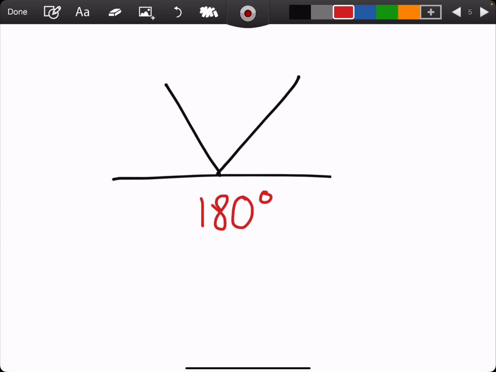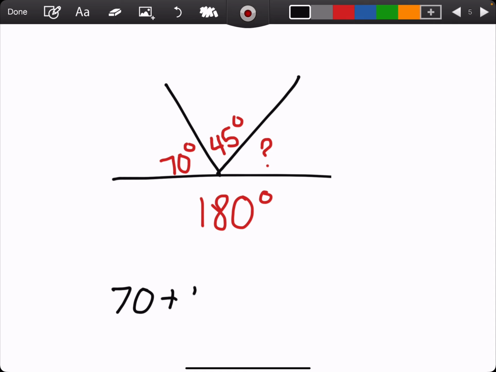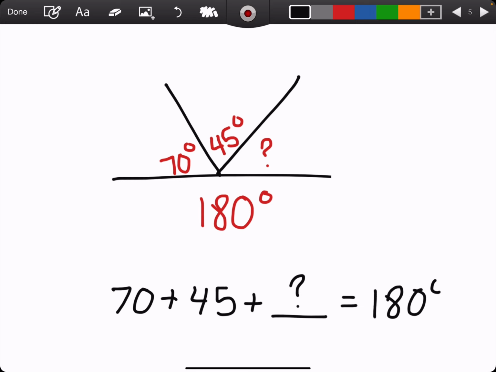And let's say I know that this is 45 degrees and this is going to be 70 degrees. What is missing over here? Well, I know the math I'm doing is 70 plus 45 plus, I don't know, equals 180.